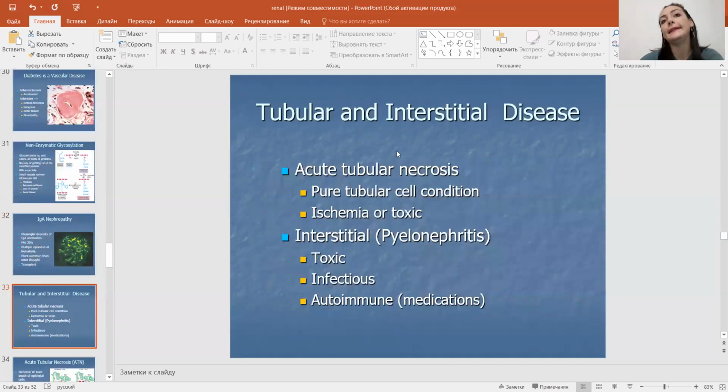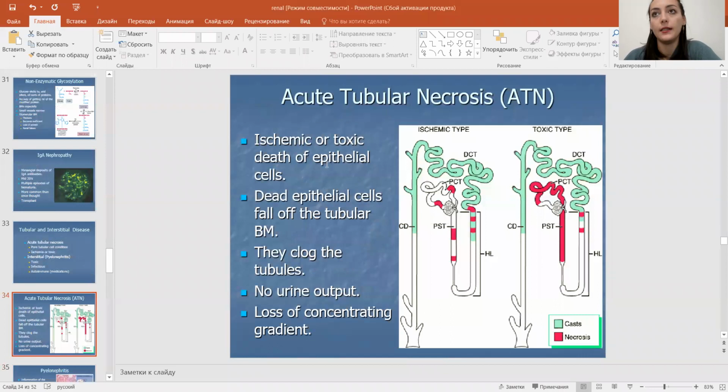Tubular and interstitial disease. Acute tubular necrosis, pure tubular cell condition, ischemic or toxic. Interstitial pyelonephritis may have an etiological agent, more maybe toxic agents. Acute tubular necrosis, ischemic or toxic disease of epithelial cells.